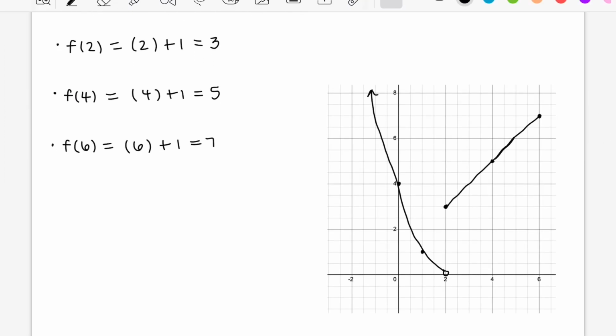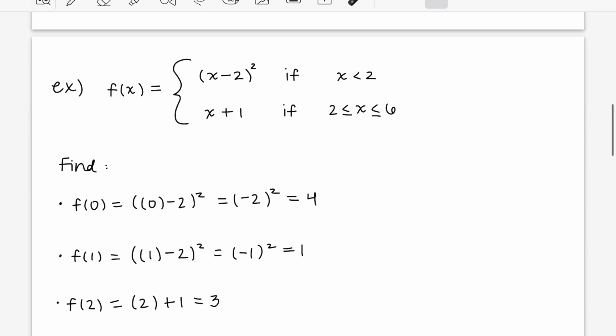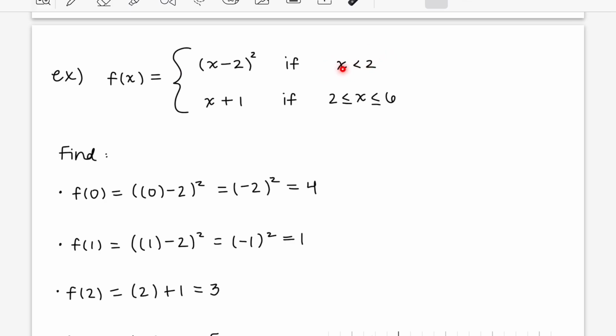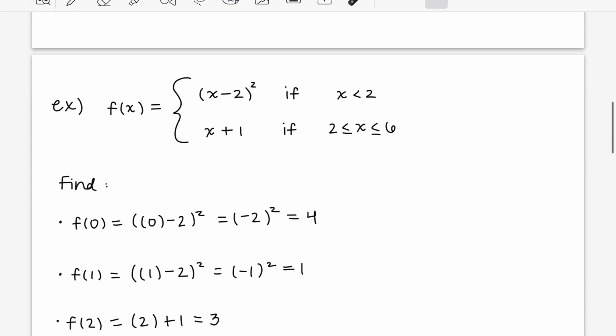All right. Now we should be able to find the domain and range of this function. And we can clearly see, even without looking at this graph here, what our domain is. We're looking at all values of x less than 2. So this will be negative infinity up to 2, and not including 2.